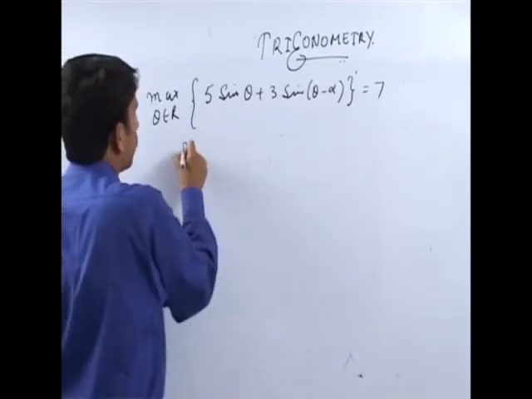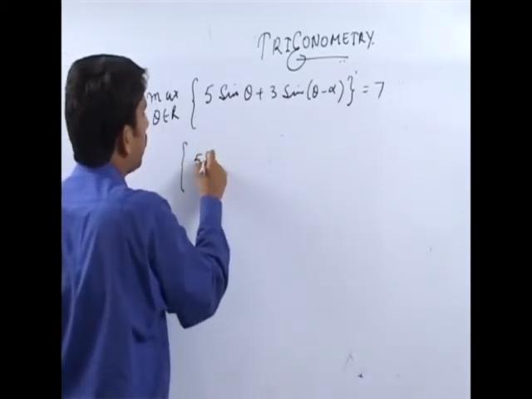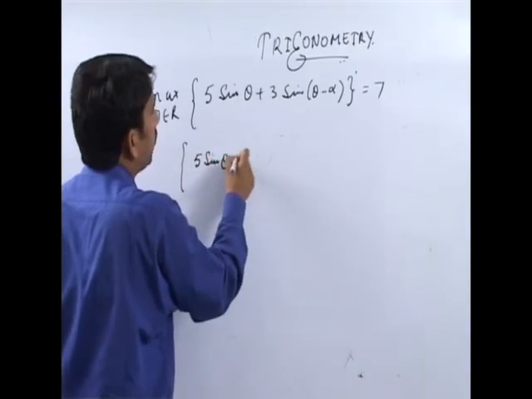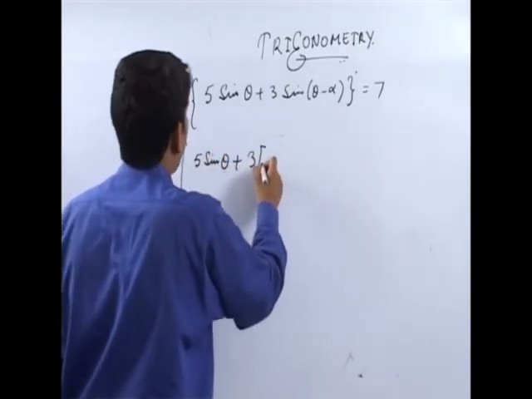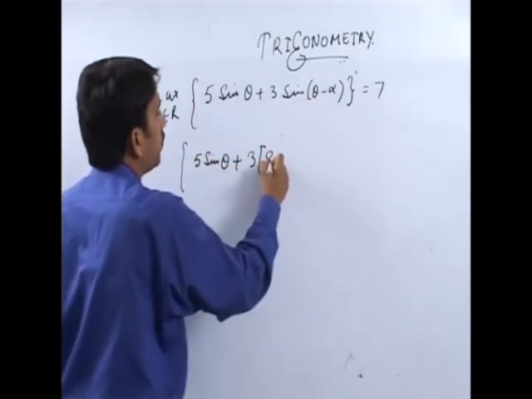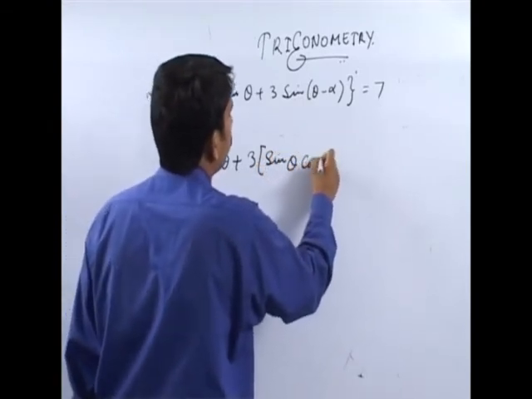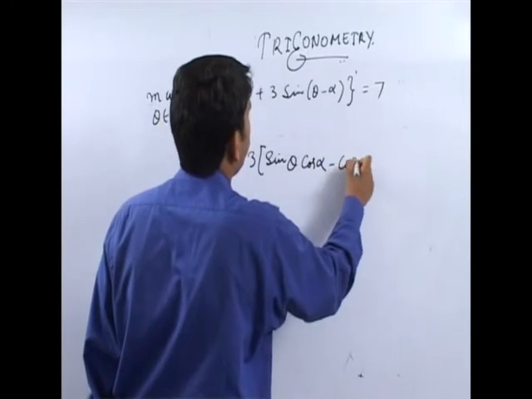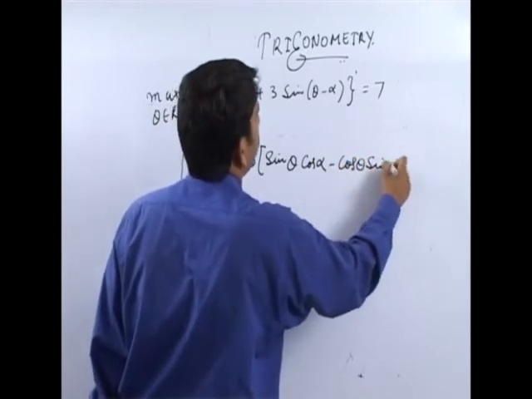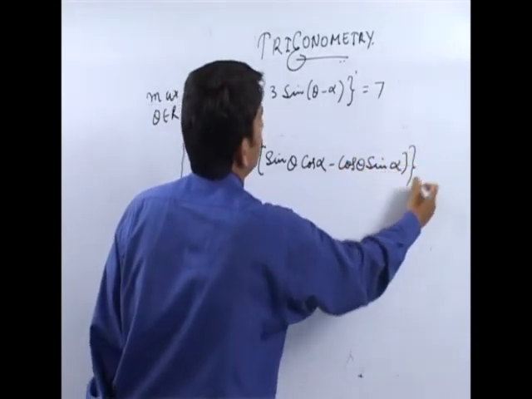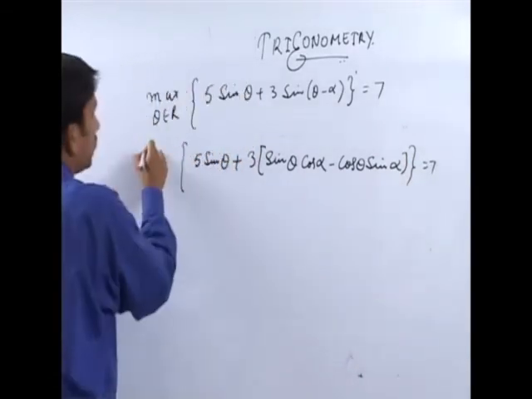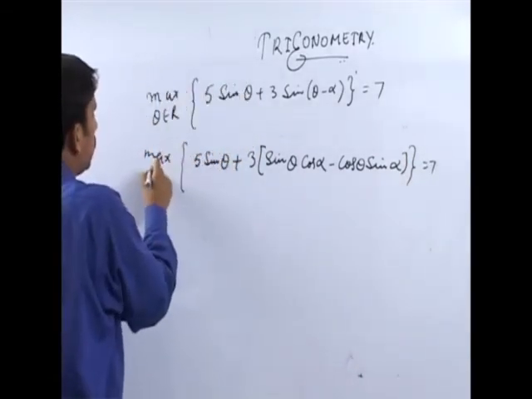So here you have to find out the maximum over theta belongs to R. Now this can be solved as 5 sin theta plus 3, apply here sin of a minus b, which will be sin a cos b minus cos a sin b, equal to 7.